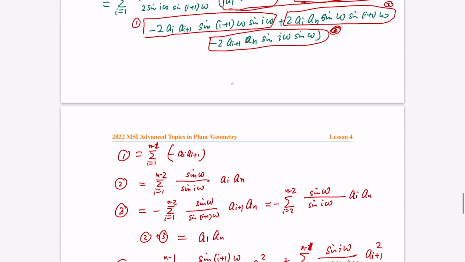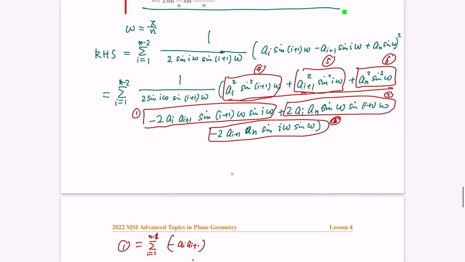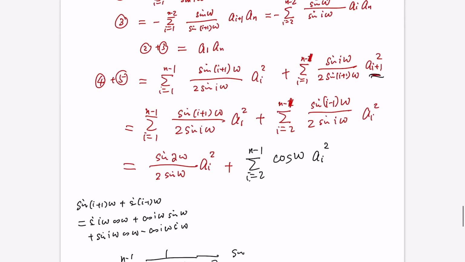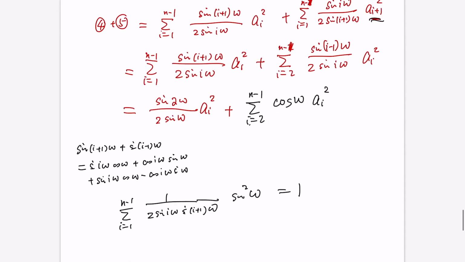Basically, I want to prove an identity: sigma i from 1 through n minus 1 of 1 over 2 sine i omega sine (i plus 1) omega sine squared omega. Will this be equal to 1? So that's the question. Let me write it more carefully.